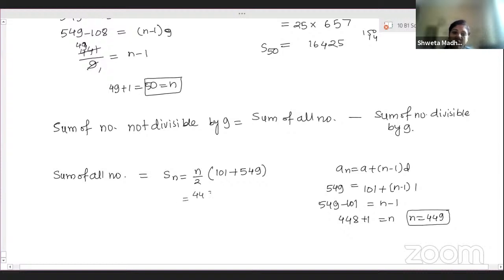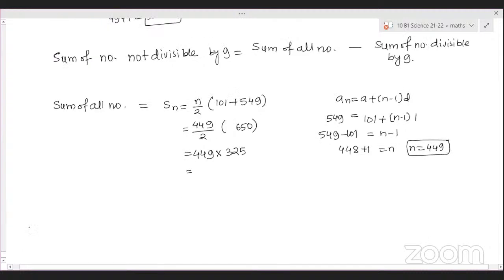So 449 by 2 into this sum is 10,650. So 449 into 325. Multiply this, and you will get the sum of all terms. From this sum, you have to subtract the sum of numbers divisible by 9, that is 16,425.